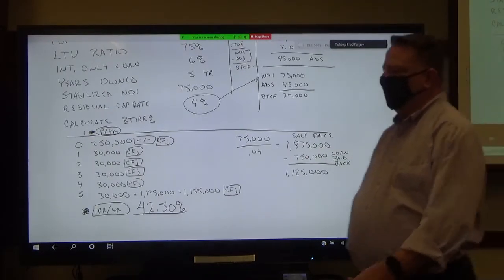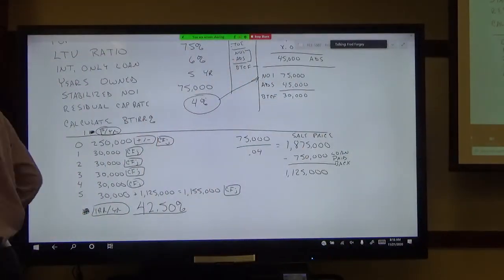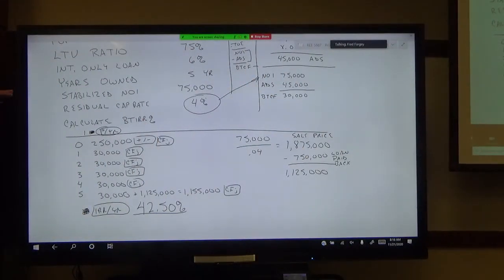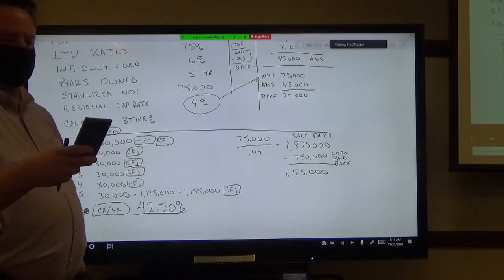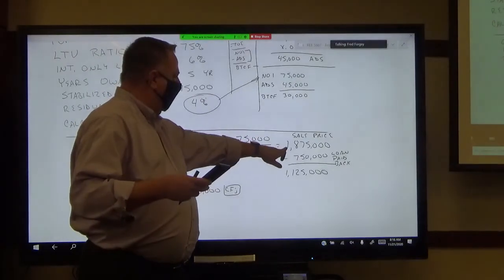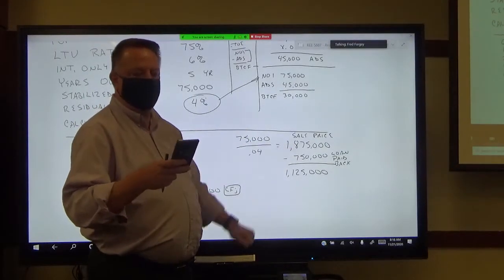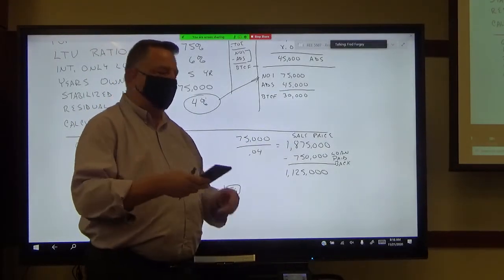I mean, just think if the cap rate had been double that. Let's say the cap rate had been 8%. What would that have done? 75,000 divided by 8% would have lowered our resale price down to half of this, basically, 937,500.